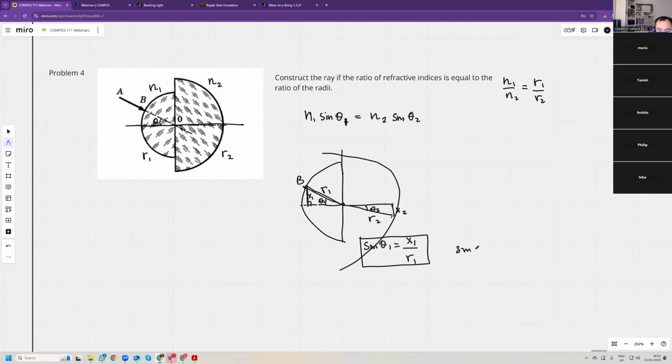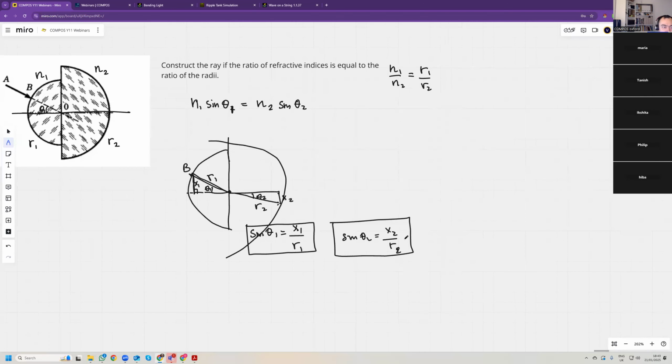So sine θ2 is x2 over R2. Well, this is probably useful as well. Okay, so let's try to combine these four equations together and get something meaningful out of it.